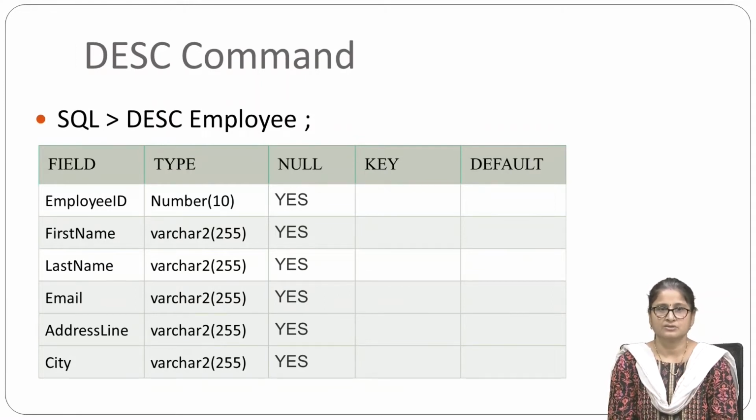The first column indicates the field, the second the type of each field, whether the field is null or not, whether the particular field is a primary key, and whether it contains a default value or not.